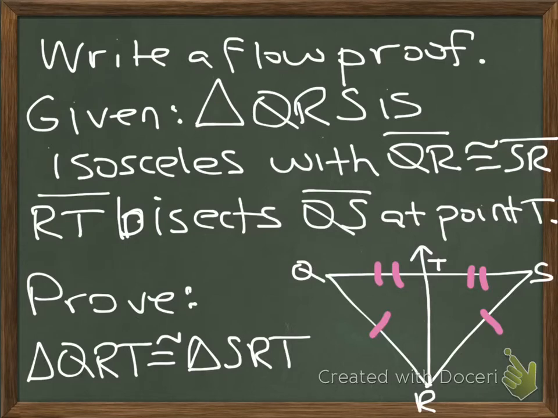So with that told to us, we now need to prove that triangle QRT is congruent to triangle SRT, and we're going to use a flow proof. Even though, like I said before, it's okay to use a two-column proof, I'm just going to show you what a flow proof might look like. A flow proof starts just like any proof, where you have the given statement.